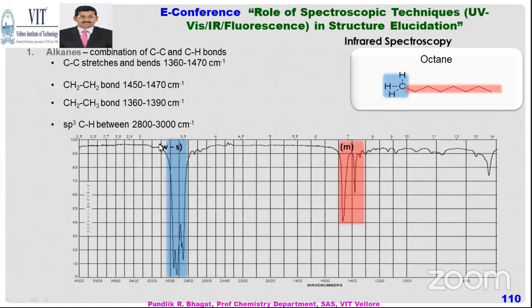Here you will find weak to strong bands. It is of course less than 3000. Aliphatic always shows less than 3000, and aromatic shows above 3000. So likewise here you will find the carbon-carbon single bond as shown here, CH2, CH2 and CH2, CH3. As there is no functional group, only carbon and hydrogen.